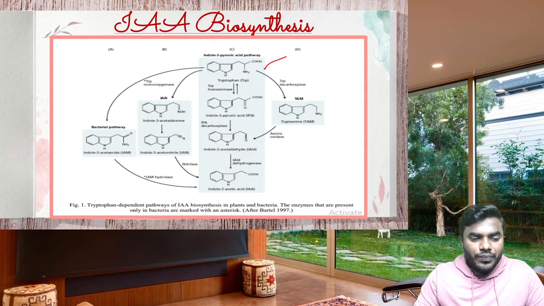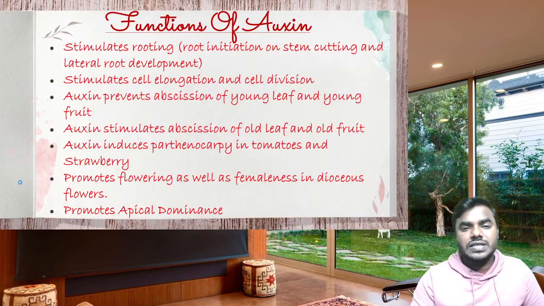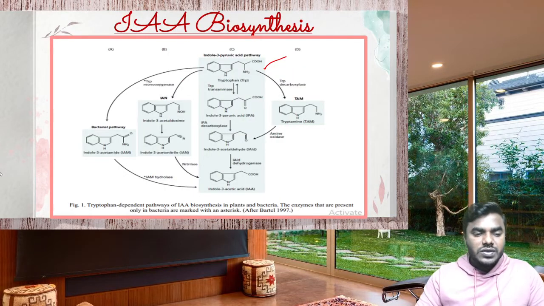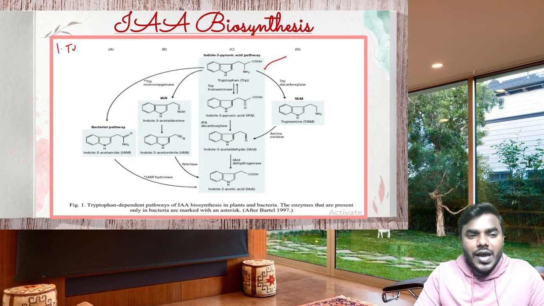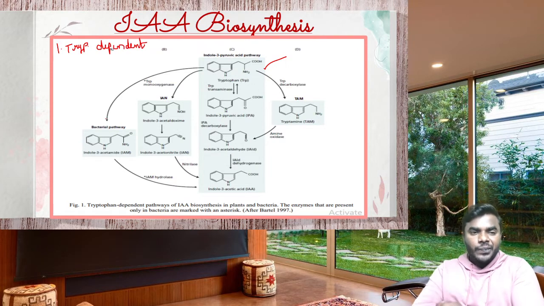Okay, so how can auxin be biosynthesized? Friends, auxin can be biosynthesized by using different pathways. I'll tell you. One we call the tryptophan dependent pathway. First one, tryptophan dependent pathway.